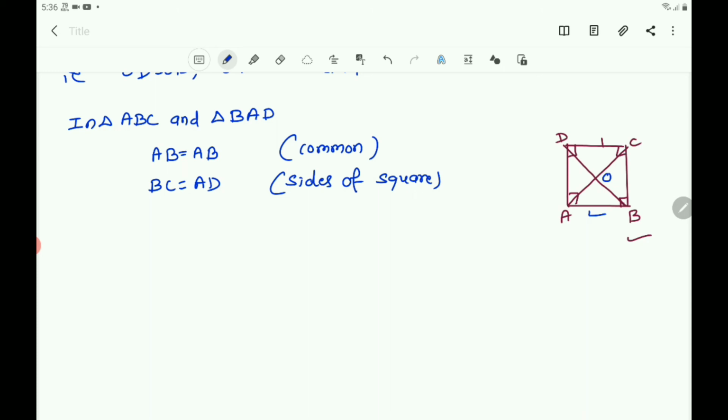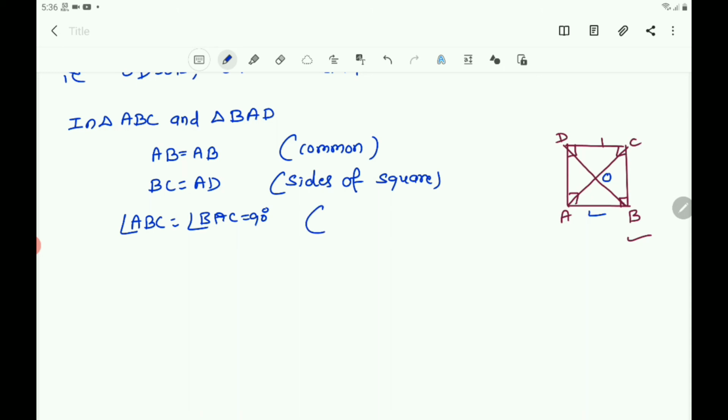Next you can write angle A means angle DAB, angle B means angle ABC. So we write angle ABC equals angle BAD. You know what is the measurement of each angle in the square? All angles are right angles. They are equal to 90 degrees.